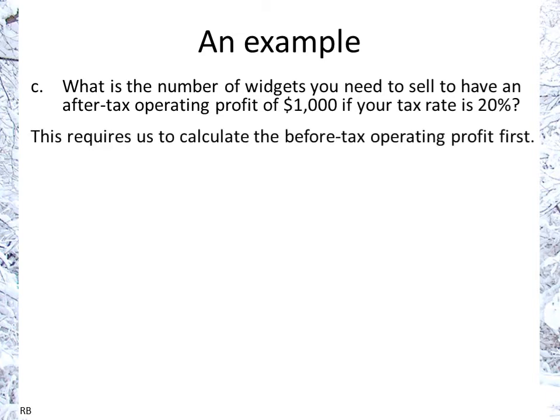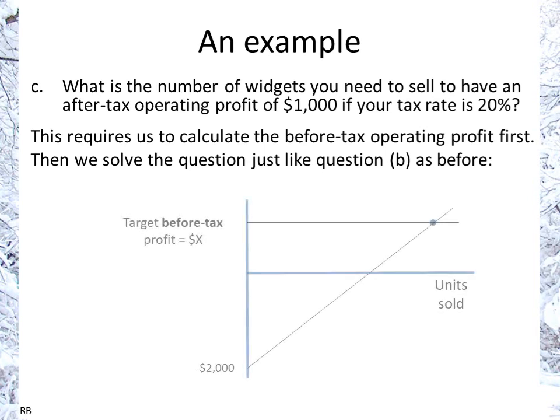So we need to calculate the before-tax operating profit first. So we solve the question just like part B before. We'd have the target profit here. We have our $2,000 fixed cost. So we'd have to recoup $2,000 plus our pre-tax target profit, and that would help us to calculate the units sold.